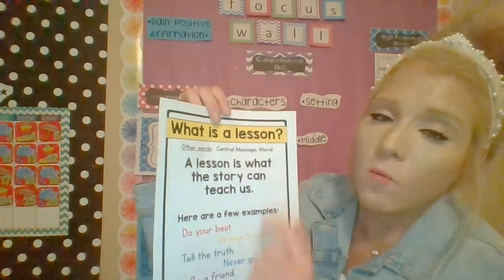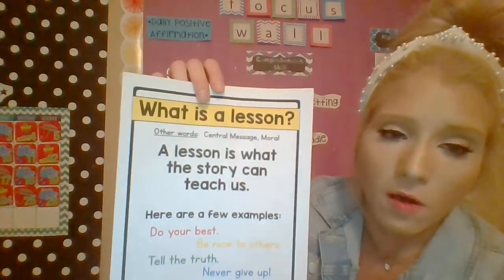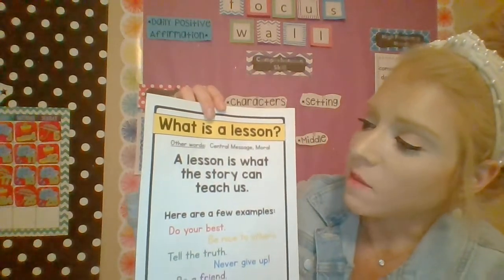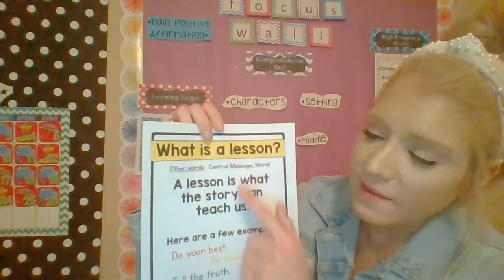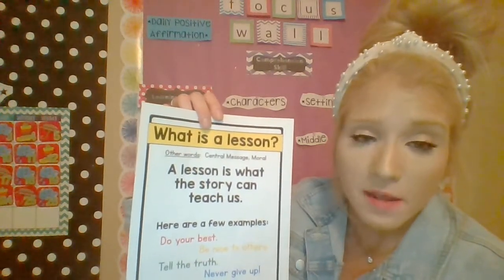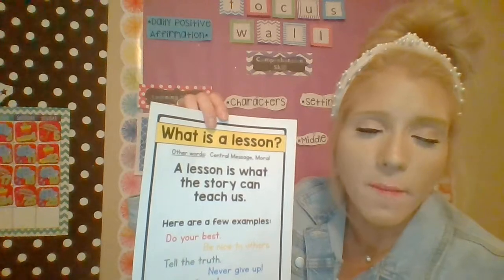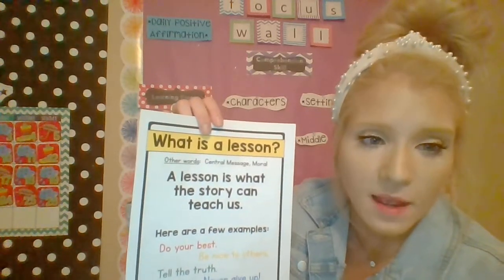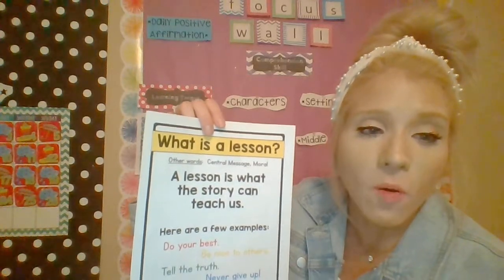Another thing you might have heard it called, and when you're older too, is the central message. Sometimes there'll be a question on a test or someone will say, what was the central message of the story? That's just a fancier way to say, what was the lesson of the story? What did you learn?